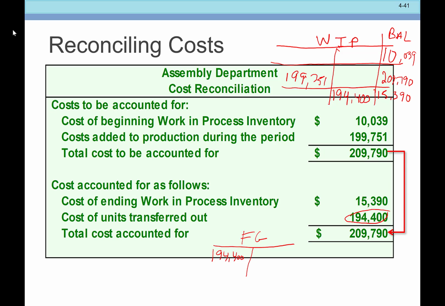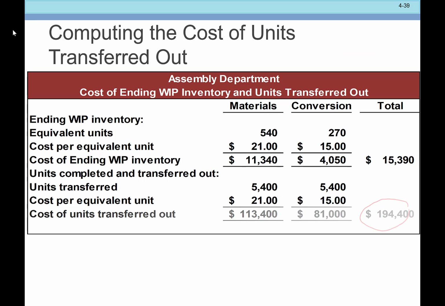Now they give you this little worksheet here, which came with the text as to how to check your figures. I'm going to point you to a different approach. The cost for the ending inventory, the way they present it here, is like the most important number in this calculation. My thought is it's a check figure, for you to look back and see that you have the right ending balance in your work in process.